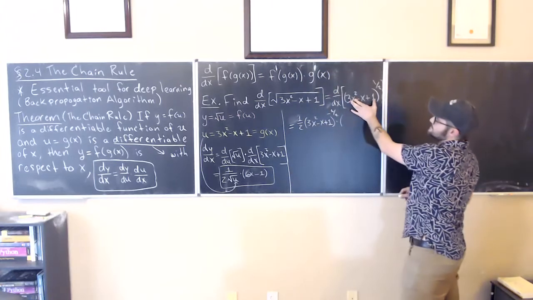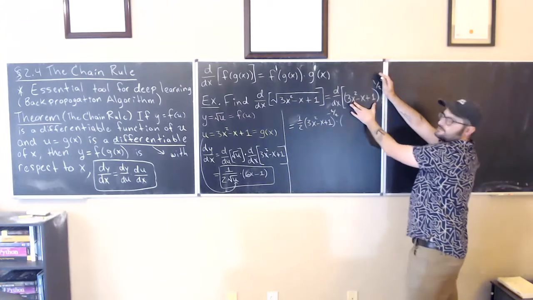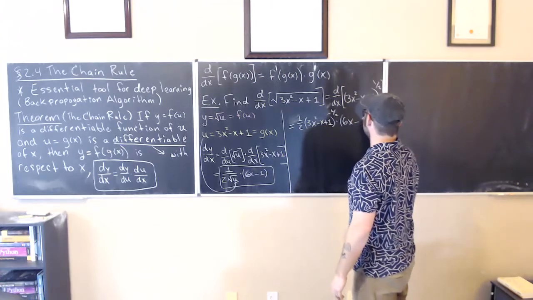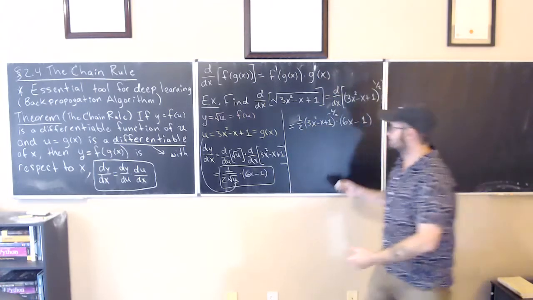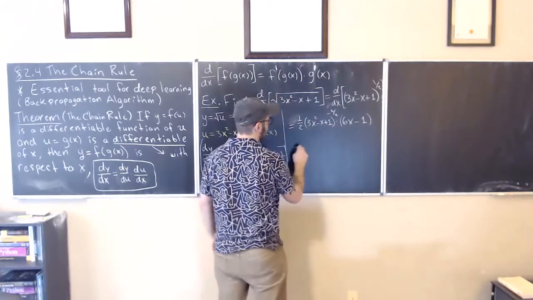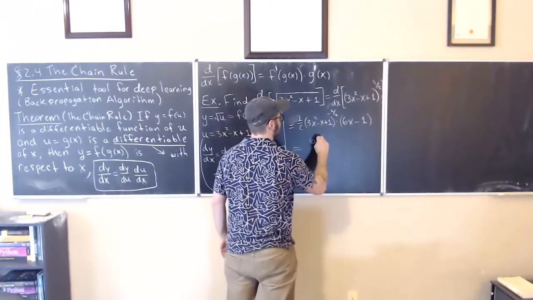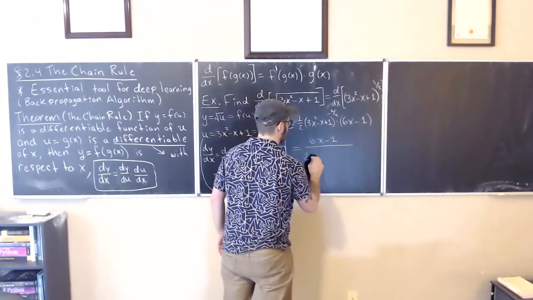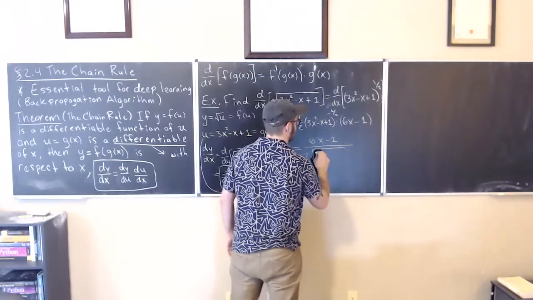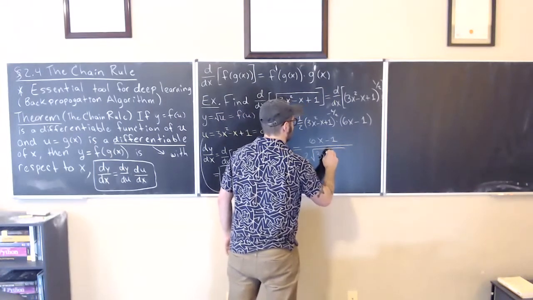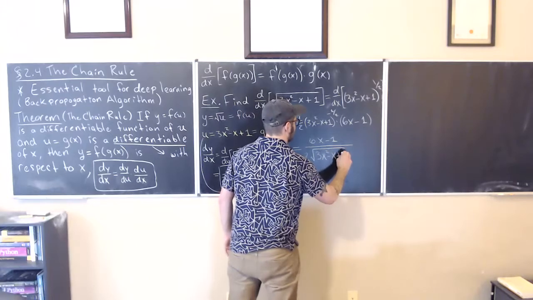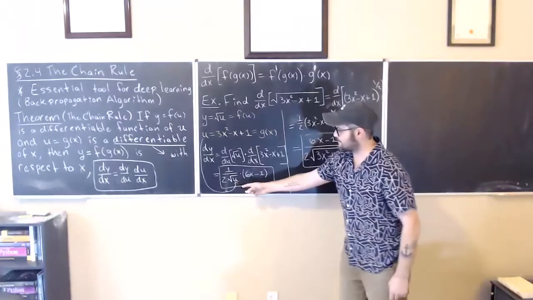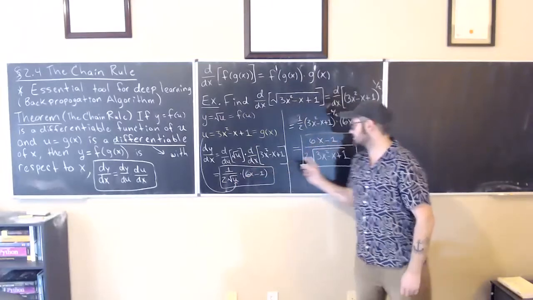What's the derivative of the inside? So just ignore everything else. What's the derivative of the inside? It's 6x minus 1. So then this simplifies to 6x minus 1 all over 2 times the square root of 3x squared minus x plus 1. And you see, if we would have plugged in what u was in terms of x, this and this would have matched up.